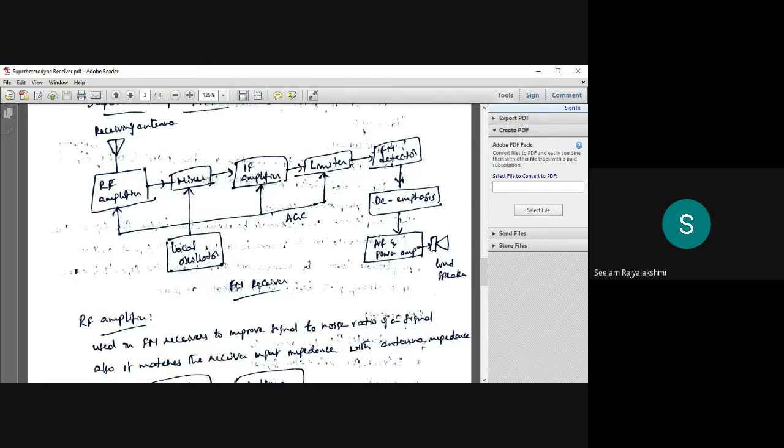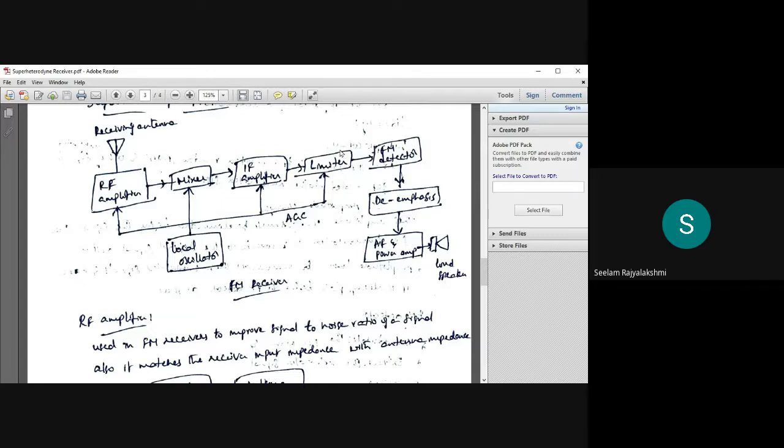Why are we placing the limiter? This limiter does not allow change in the modulated signal.